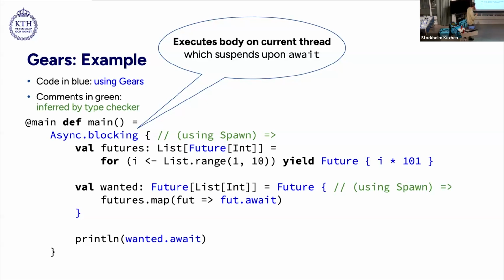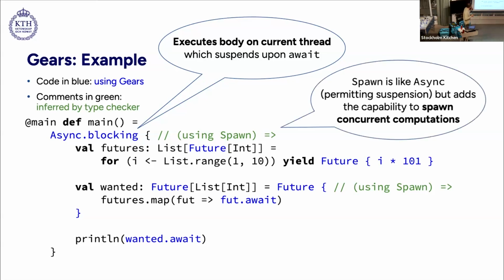And within here, since Spawn has both the capability to spawn and also suspend, we can use await there as well. So we can directly call map on a list, and within the lambda, it doesn't matter, we can await, because we can suspend at any point in time with this.